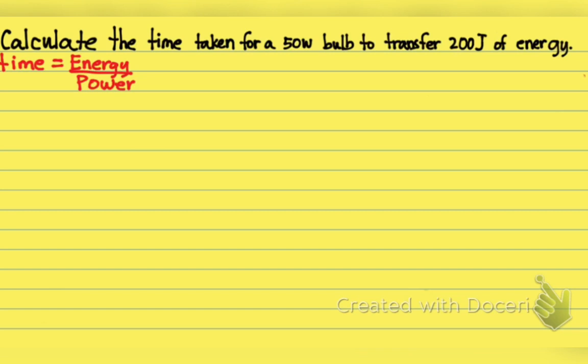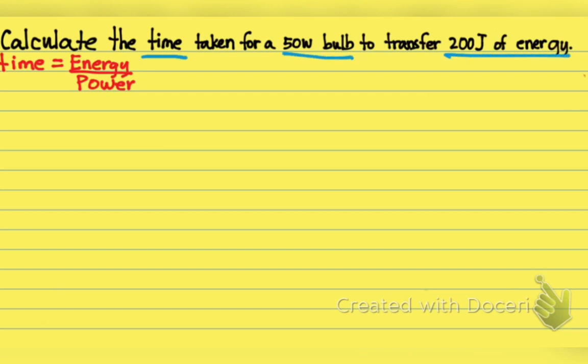The first step that we are going to do is write down our equation. Step number 2, we are going to put in our numbers. Now, we will have to look at the important information here. We are going to calculate the time.